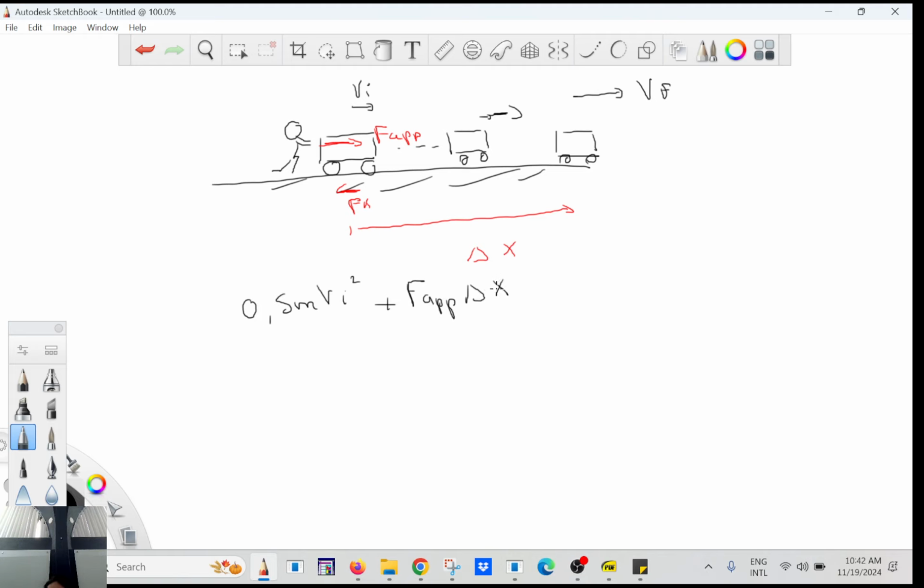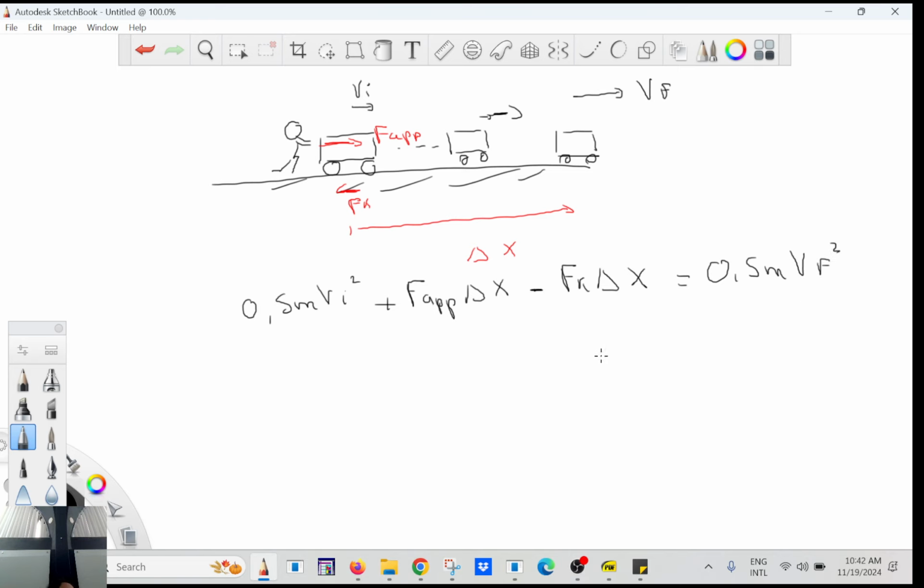So that will be energy added to the system. Minus, it's always minus the work done by friction, times delta x. So these are called non-conservative forces, right? So it's not like a restoring force like gravity or Hooke's law. That will be equal to the final kinetic energy.